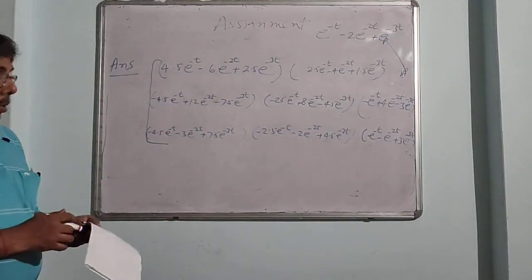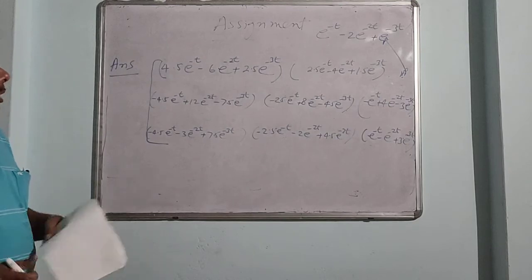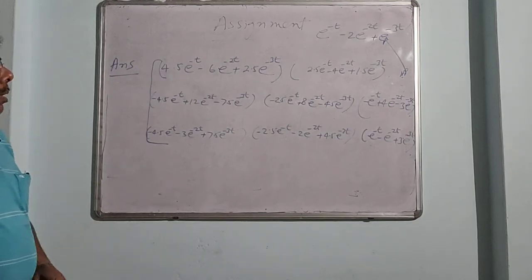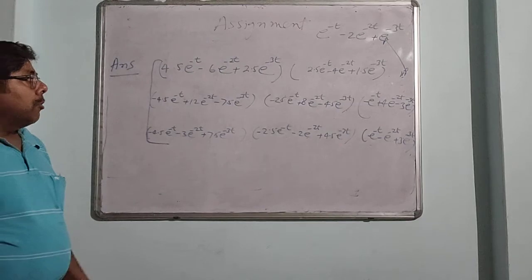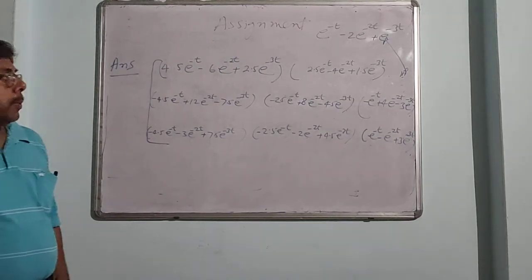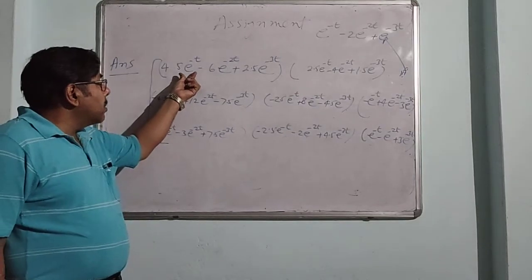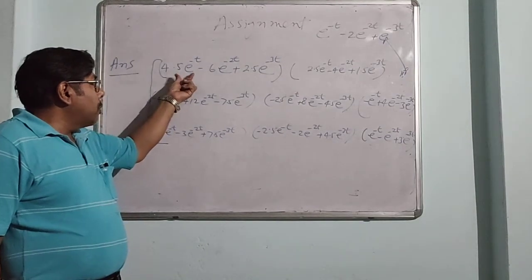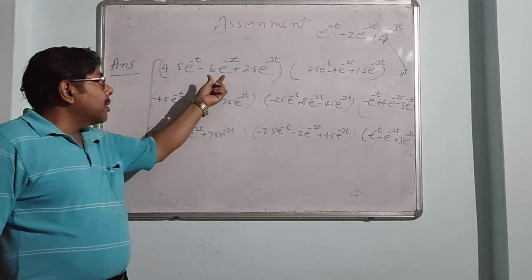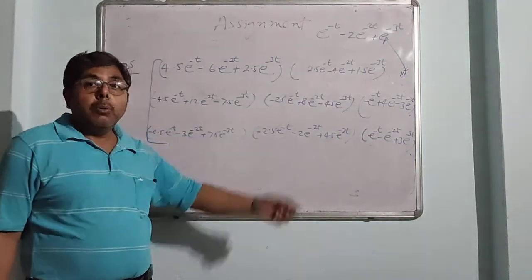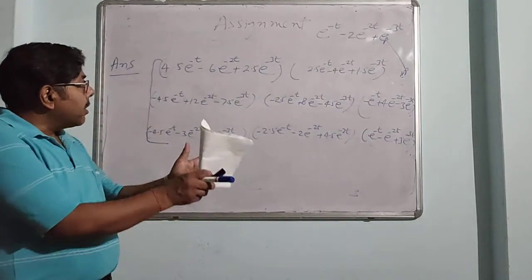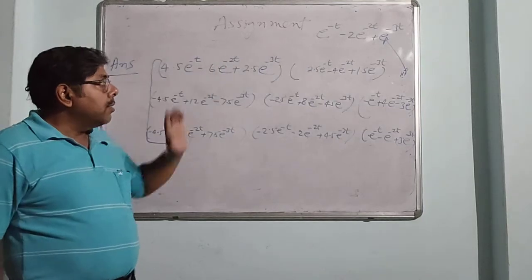So this is the answer for this problem. Obviously this is the answer for the Laplace inverse method. Then we will use the series expansion method. All these terms have their own expansion, e to the power minus t, e to the power minus 2t and e to the power minus 3t. After summation you will get a series.